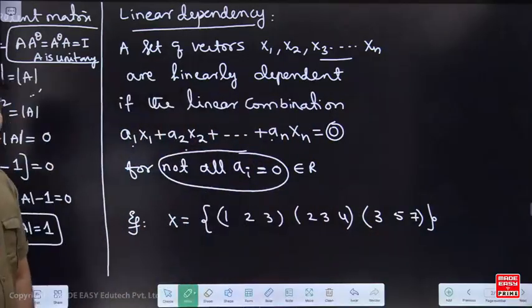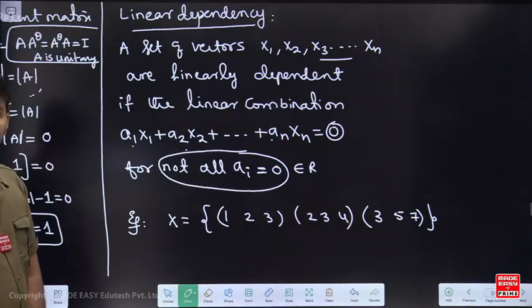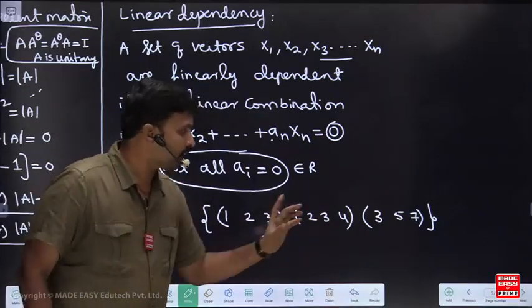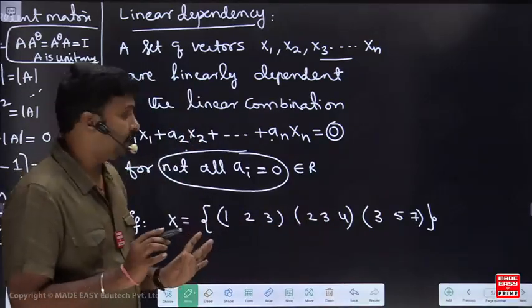These set of vectors I am taking, my dear. Now these set of vectors are linearly dependent or linearly independent.